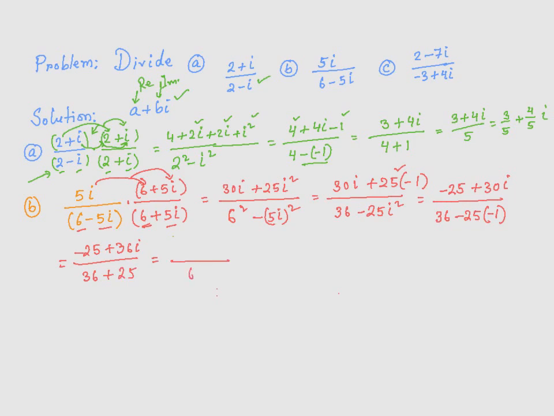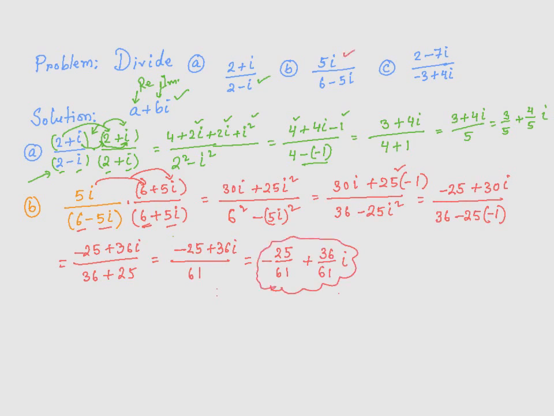So it's going to be 61 in the denominator, negative 25 plus 30i. Then I can break it down further: negative 25 over 61 plus 30 over 61 i. And that's going to be your answer to b.